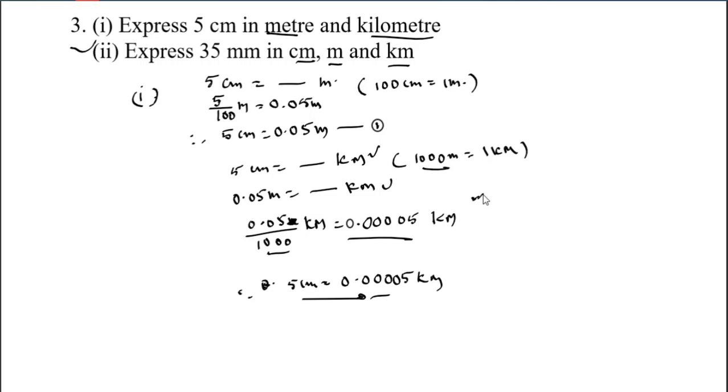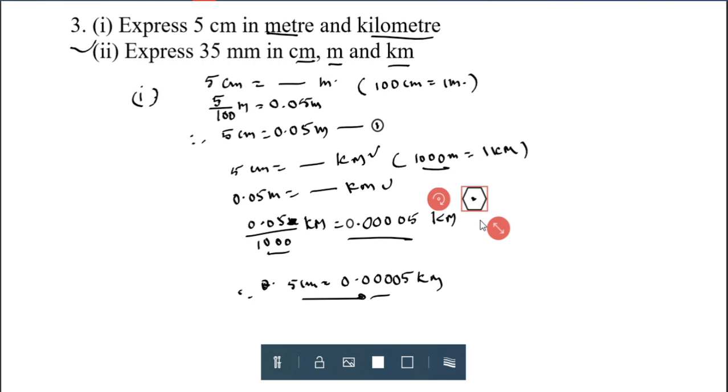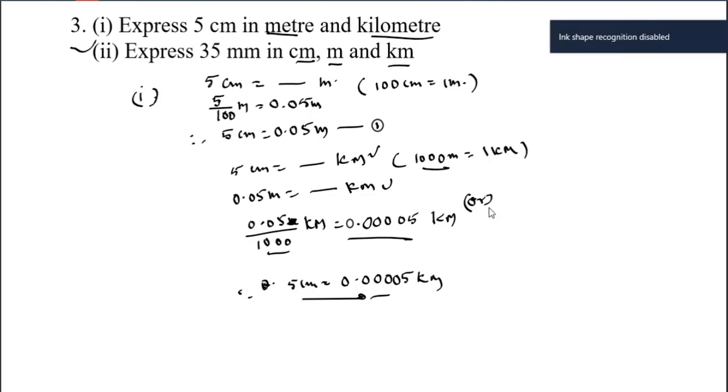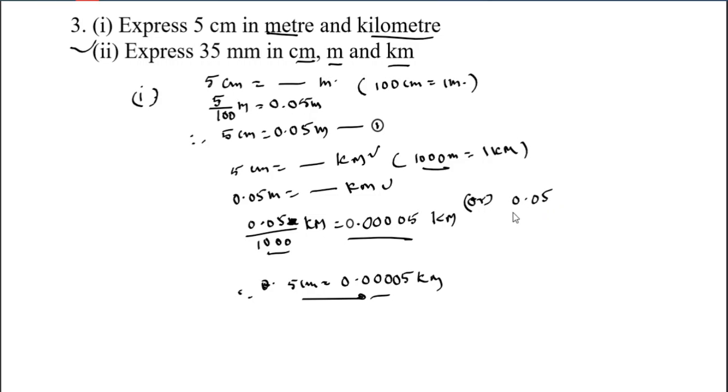Or we can write the same thing as 0.05 by 1000 kilometers. Convert this decimal number to a fraction. So for the point write 1, and how many places are there in the decimal part? 1, 2. Write 2 zeros.